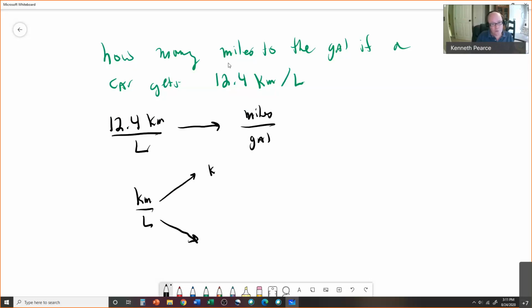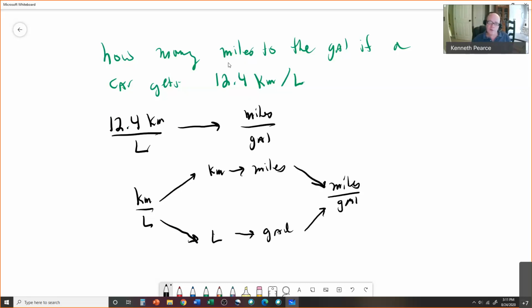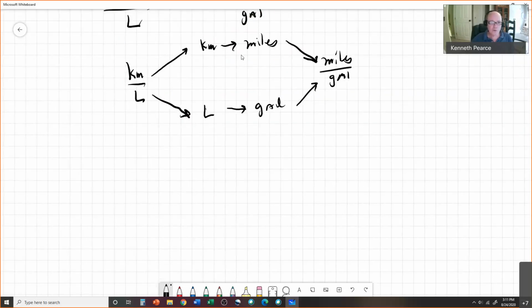You go kilometers to miles, and then you split out the liters and go liters to gallons, and then you recombine at the end to make it miles per gallon. Okay, so that's the kind of plan that one should do.